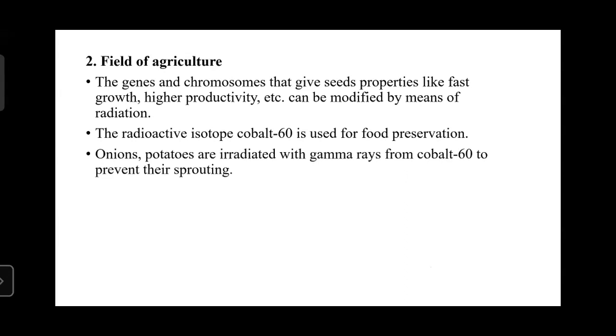Onions and potatoes are irradiated with the help of gamma rays from cobalt 60 to prevent their sprouting. Strontium 90 is used as a tracer in various research fields.